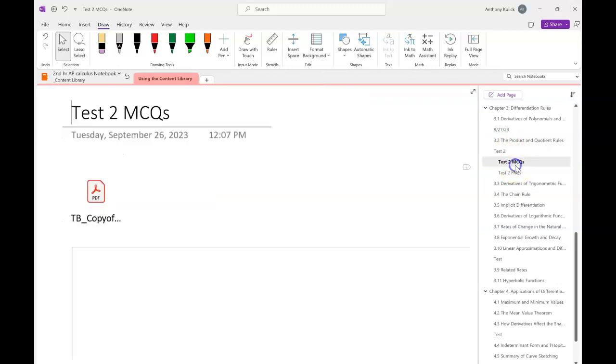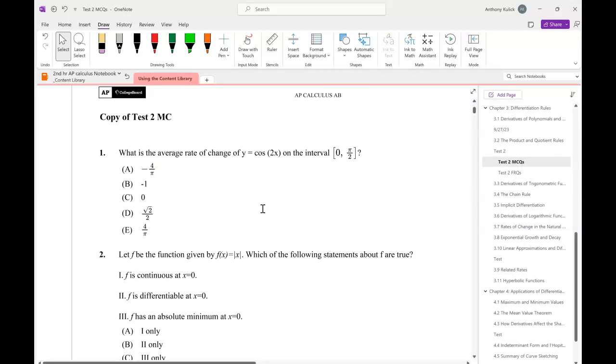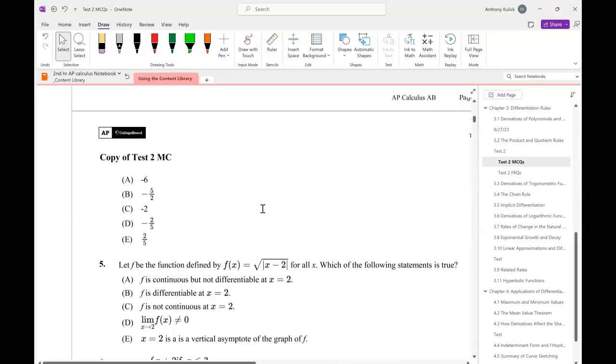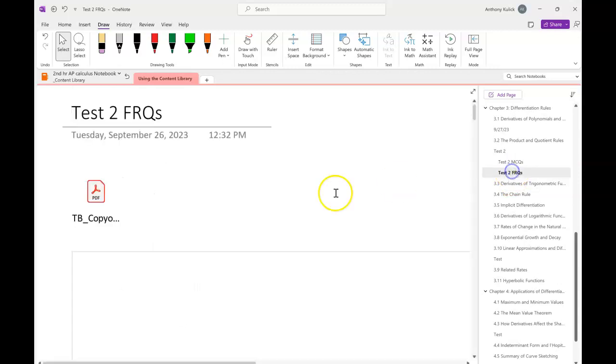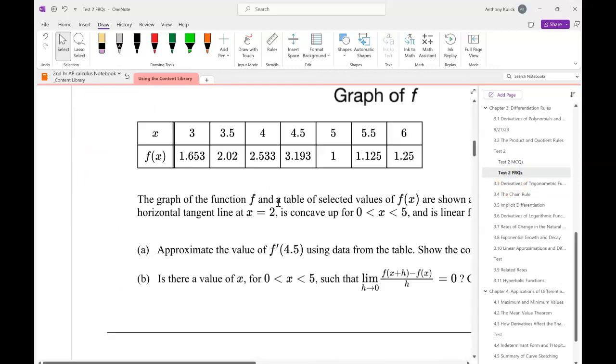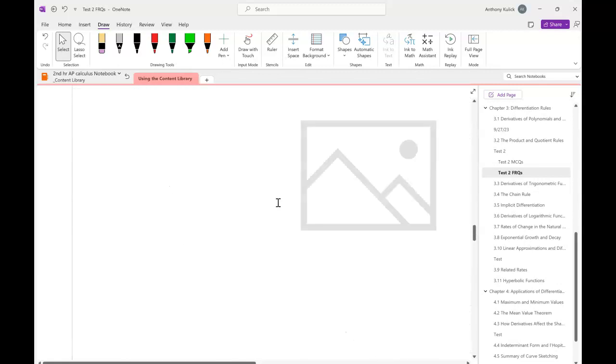I have the same multiple choice questions here if you'd like to do them where it's a little easier to write stuff down. And I have free response practice. So this will be similar to things I would ask you to do on the test for sure.